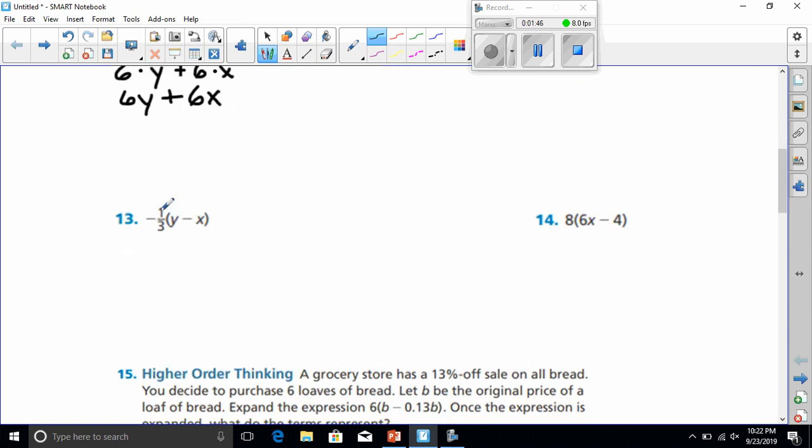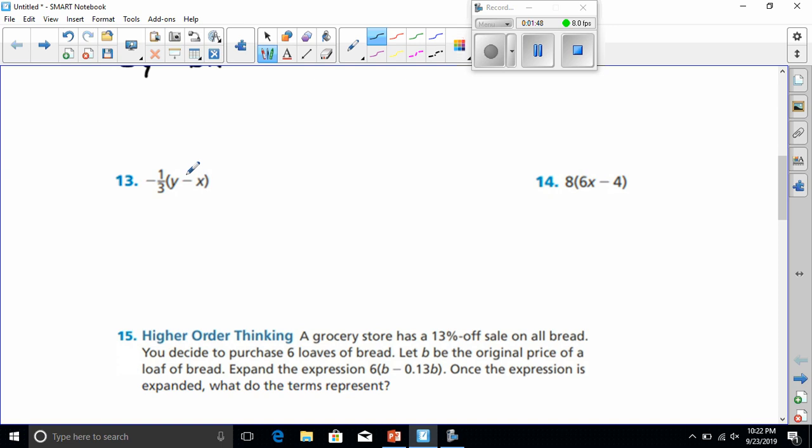Number 13, I have negative 1/3 times y minus x. Well, once again, this is going to be negative 1/3 times y. And then, let's see, this is minus here, we got a negative 1/3 times x.